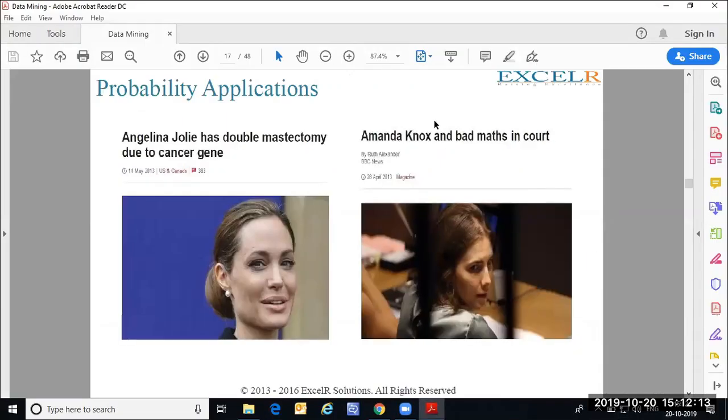The other case study that we are going to look at is about Amanda Knox. She was working as a nurse in one of the hospitals, on the night shift. Slowly, the hospital started observing that more deaths were being recorded during her shift times, under her supervision.